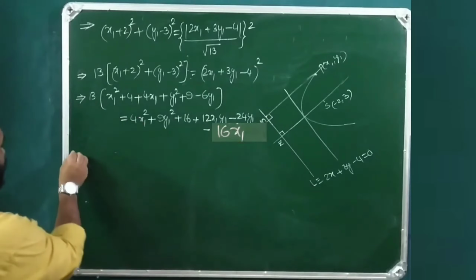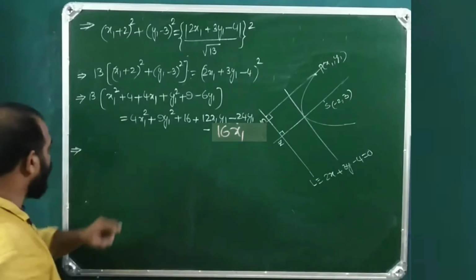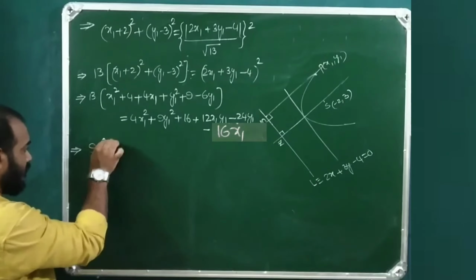Now this is equal to: 13x1 square minus 4x1 square is 9x1 square.